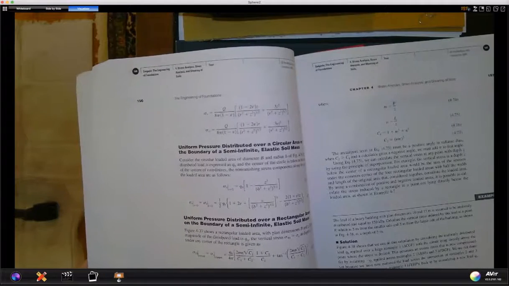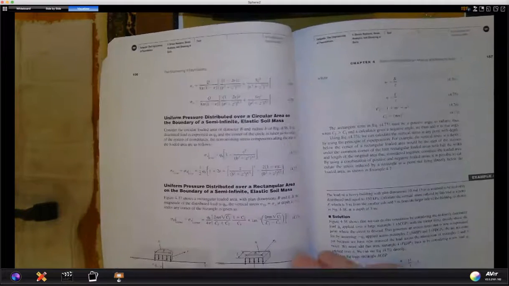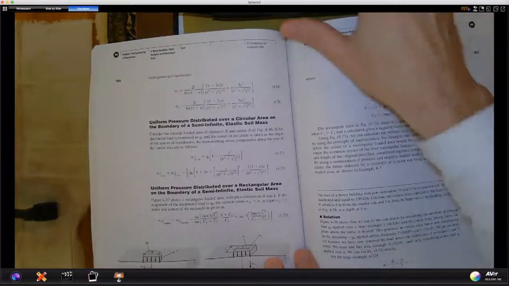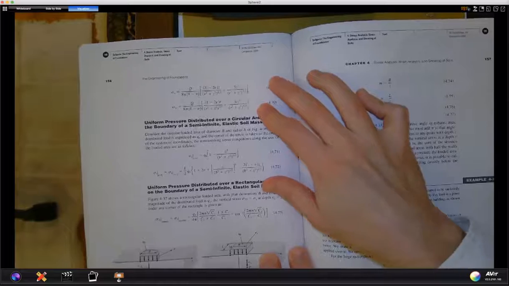And I'm envisioning that being appropriate for, say, your design project towards the end of the course.